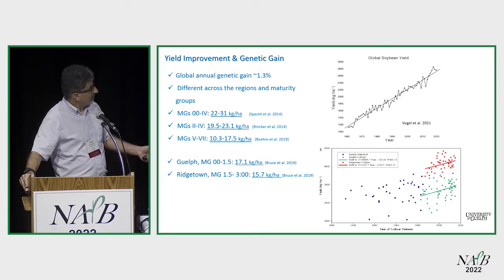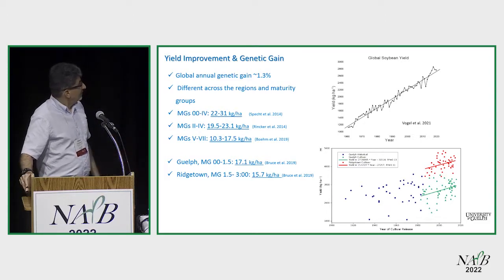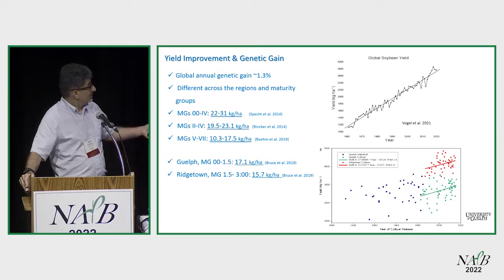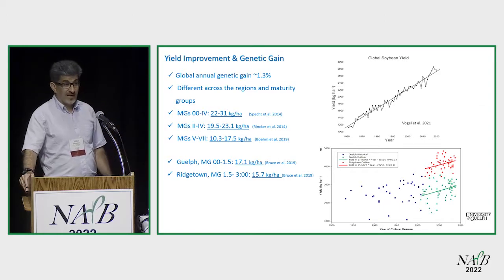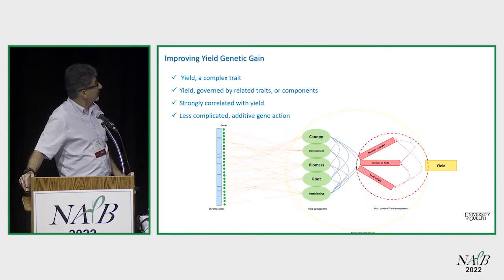For my own program, the red dots show just about 16 kg per hectare, and the blue dots are historical lines. This estimation is just from the active germplasm in our breeding program.